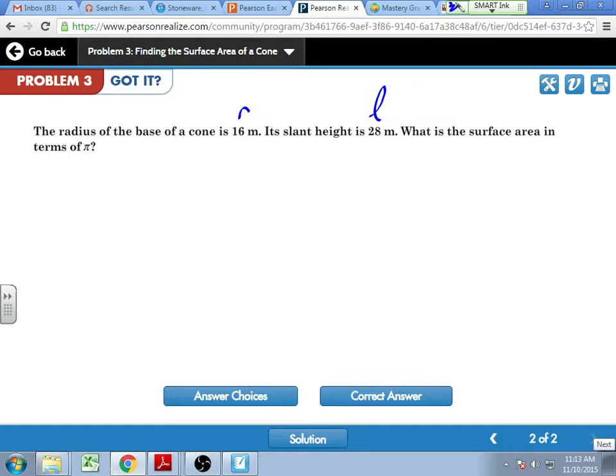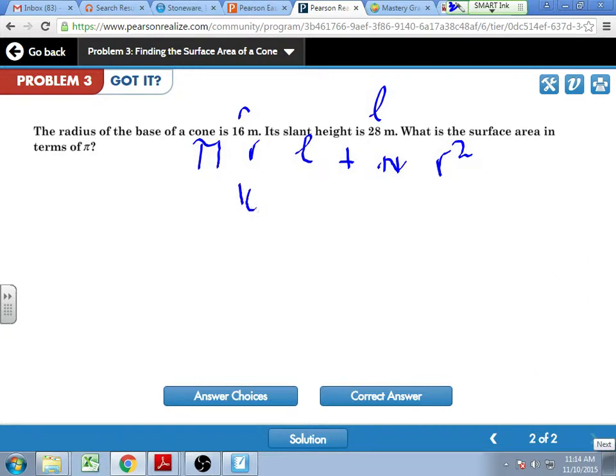Alright, attention on Mr. Walls. I just like to write out the formula like this. Then write R. Then write L. Then write plus, and then do all this stuff. Then under it, I like to write what it is.